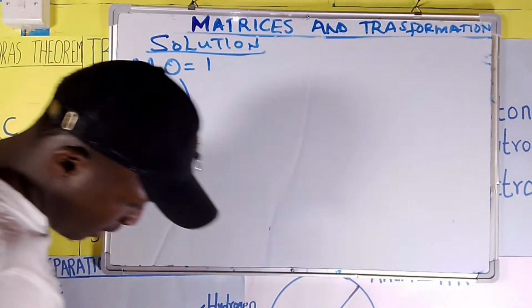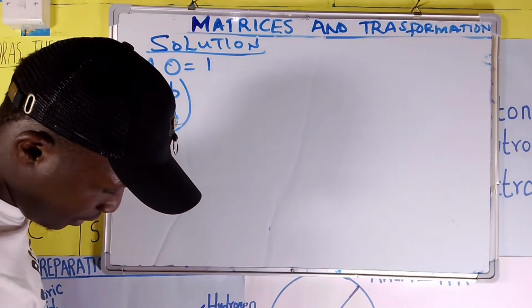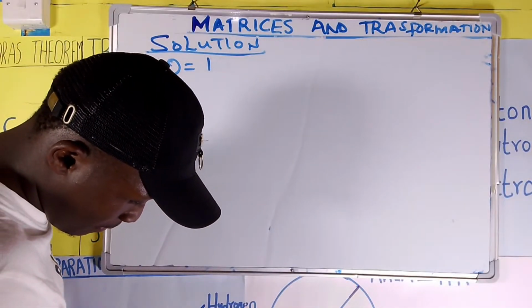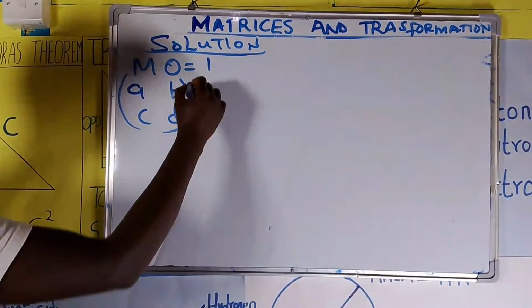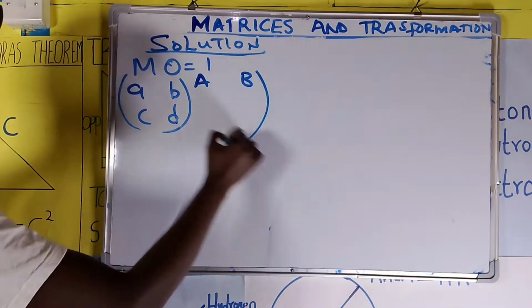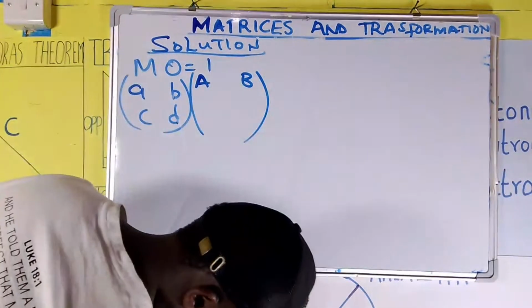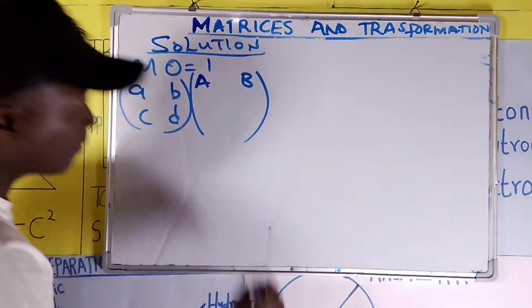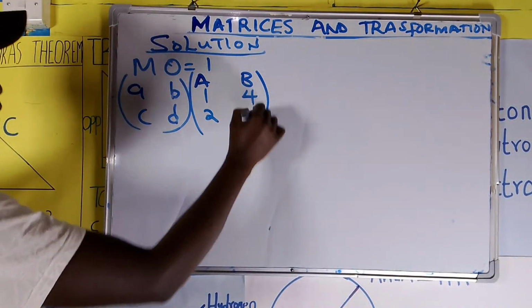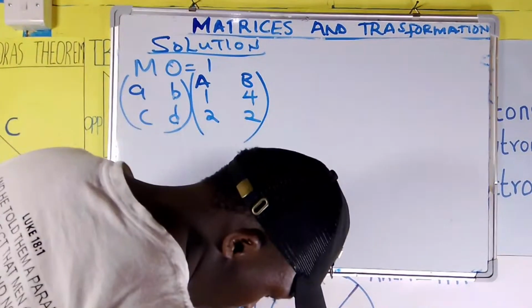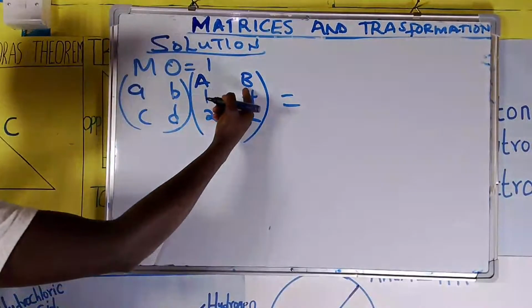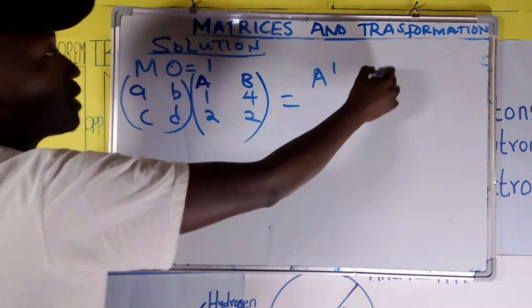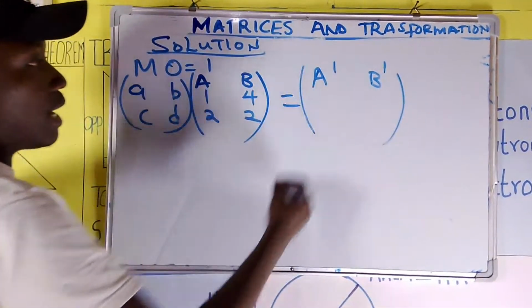So we can choose to use A and B. Our A was (1, 2) and our B was (4, 2). And now, if we use A and B, we are going to use A prime and B prime as they are arranged.